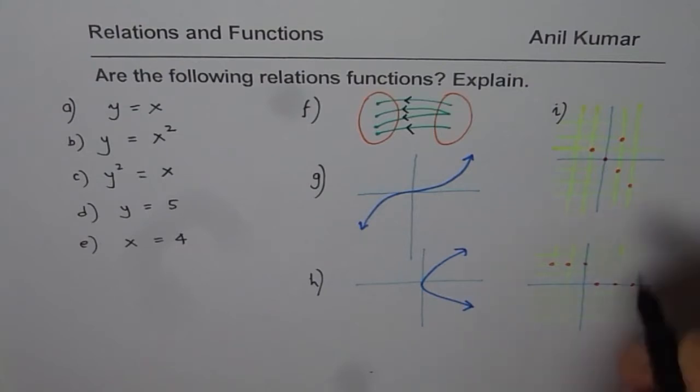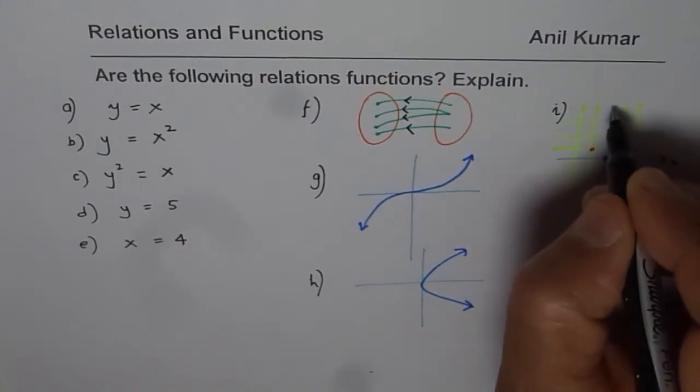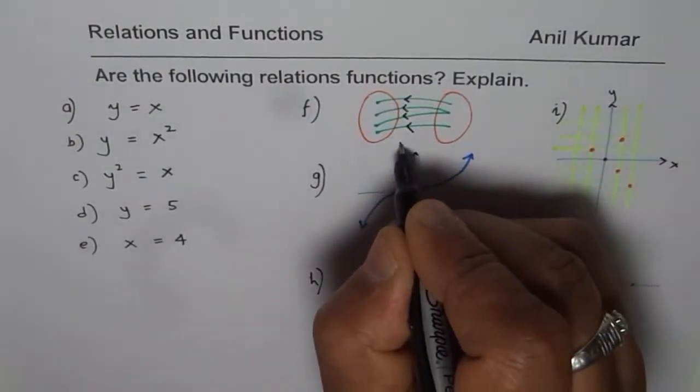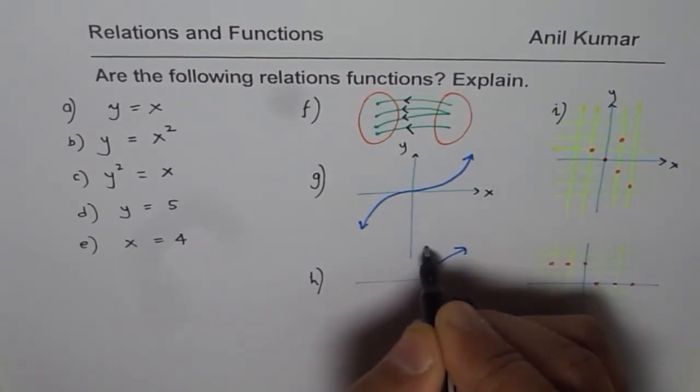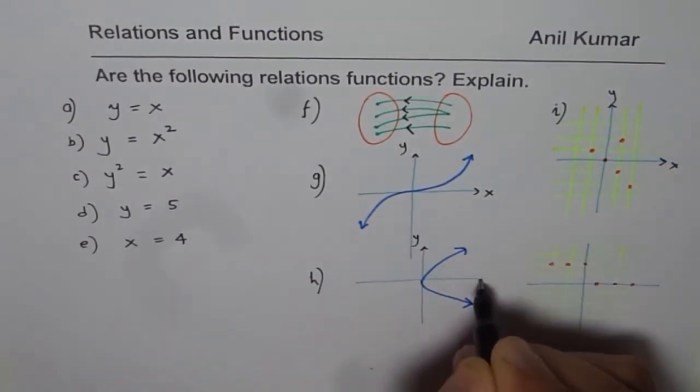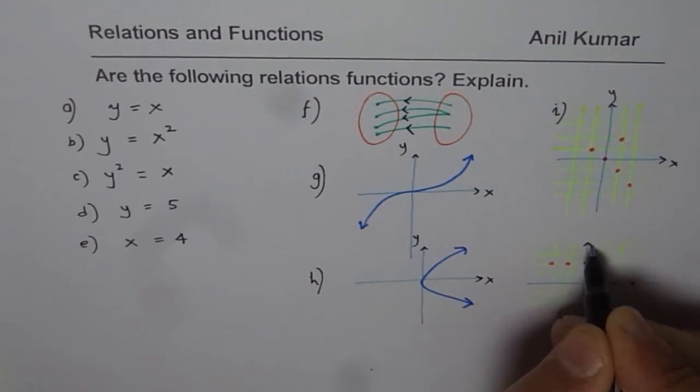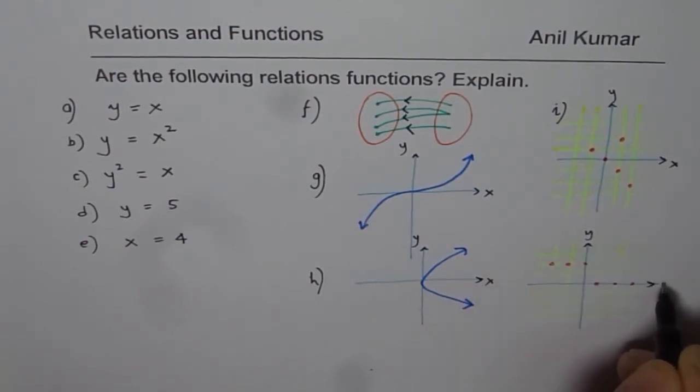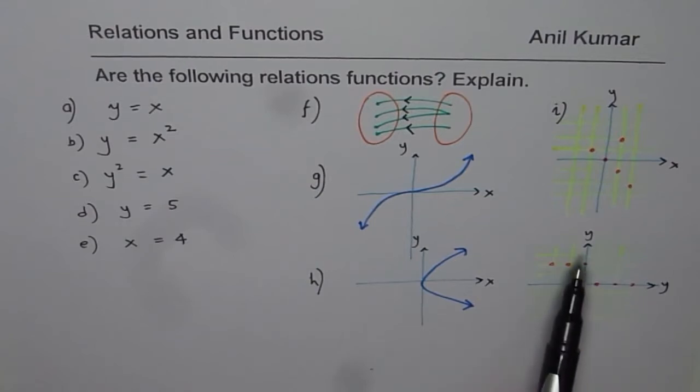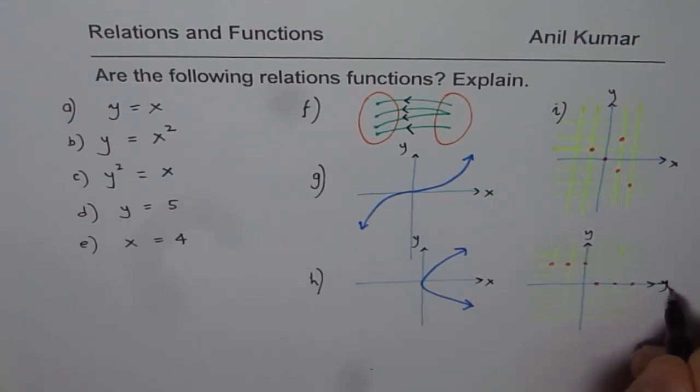So we have x-axis and y-axis. So x-y-axis is default, right? So the horizontal axis is always the x-axis for us, if not mentioned, and the vertical axis is y. So we are trying to say whether y is a function of x or not, right? This is what you need to say.